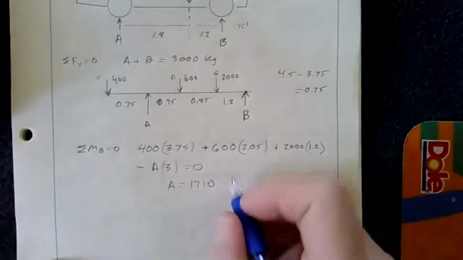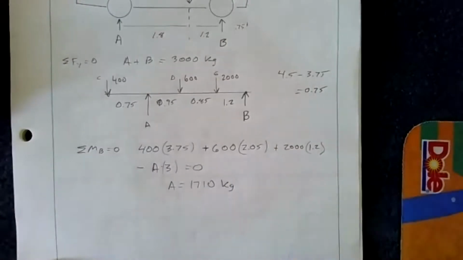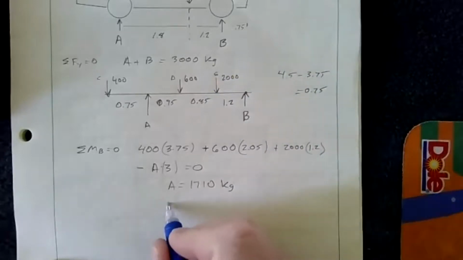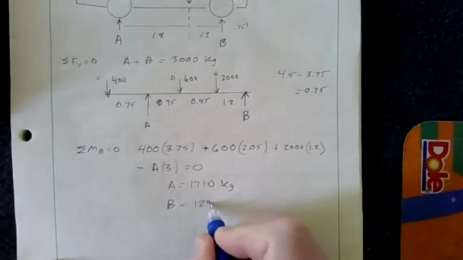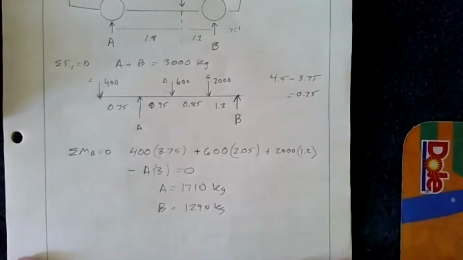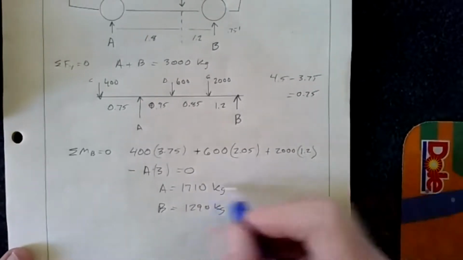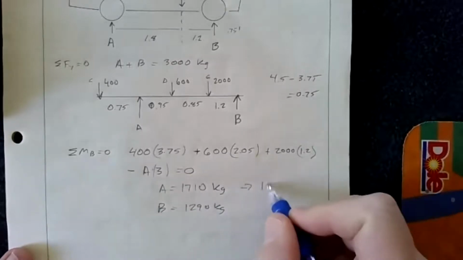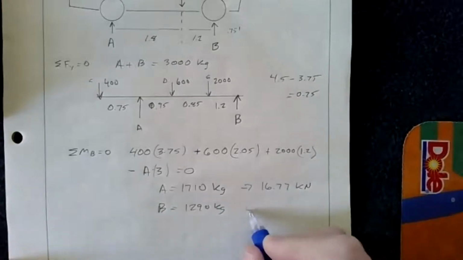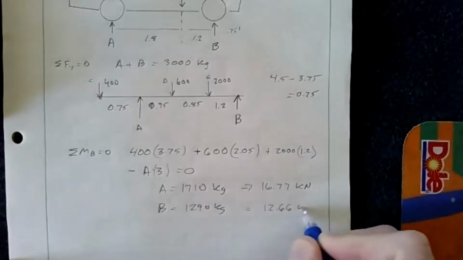So 1710 kilograms. Now I know that A plus B has to be 3,000, so therefore B is 1290. If I convert this, A ends up being 16.77 kilonewtons and B ends up being 12.66 kilonewtons.